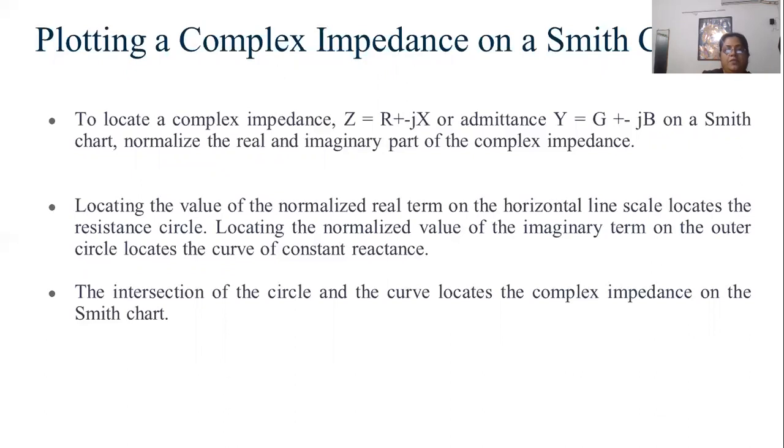Locating the value of the normalized real term on the horizontal line scale locates the resistance circle. Locating the normalized value of the imaginary term on the outer circle locates the curve of constant reactance. The intersection of the circle and the curve locates the complex impedance on the Smith chart.